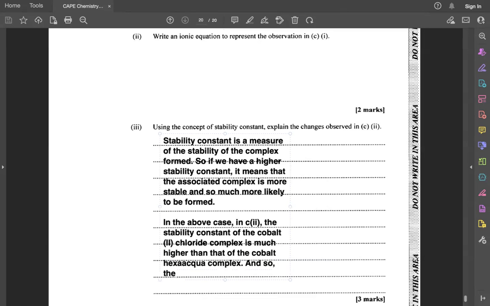And so the Cl minus ligand was able to exchange all the water ligands to form cobalt chloride.